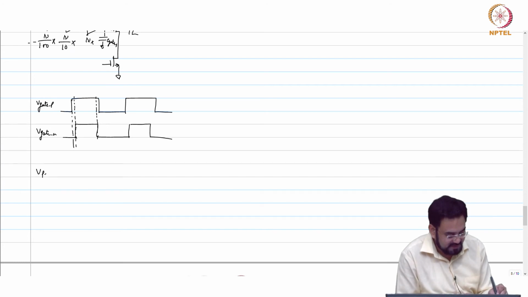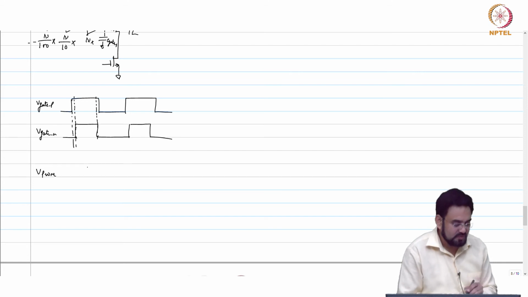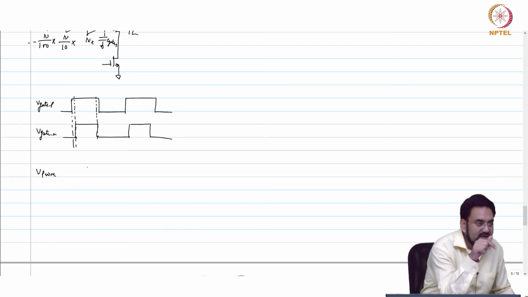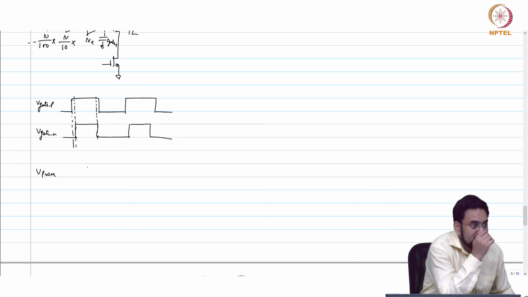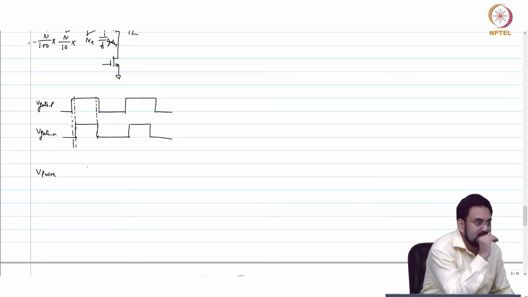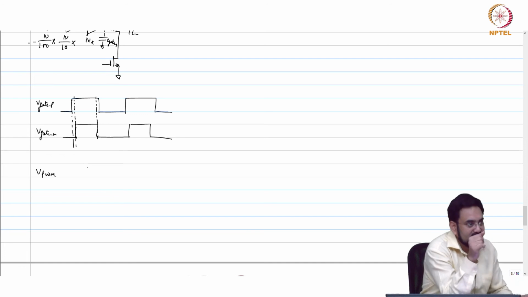So we know we have VPWM. What does it mean? When your PMOS is turning off or NMOS is turning off, you have to do it right at the edge of your PWM. When PWM goes high, you have to turn on PMOS and turn off NMOS. So you immediately turn off NMOS at the rising edge of PWM, but turn on PMOS after some delay.